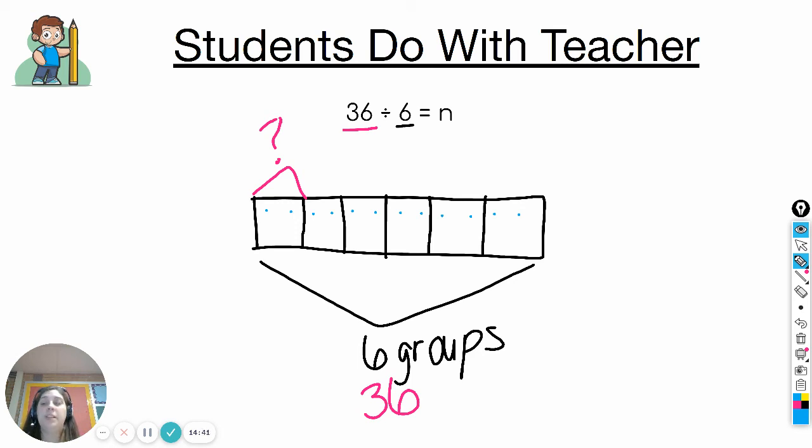Remember, if you're a face-to-face student, you don't have to hold your board up. I'm going to walk around and take a look. If you're a virtual student, you will need to hold your board up when you're done so I can see your answer.